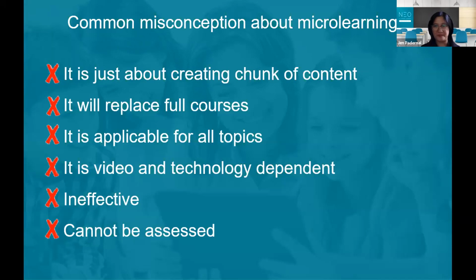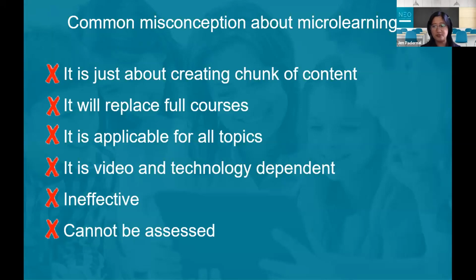So it would help that they have a full module or course for that. You can't be thinking, I'm just going to take out how to open a stomach, probably. So we also need to think of the appropriateness. There are appropriate subject areas where micro learning is really applied.